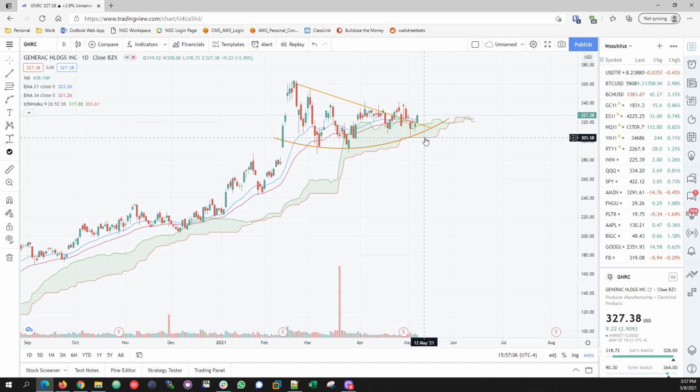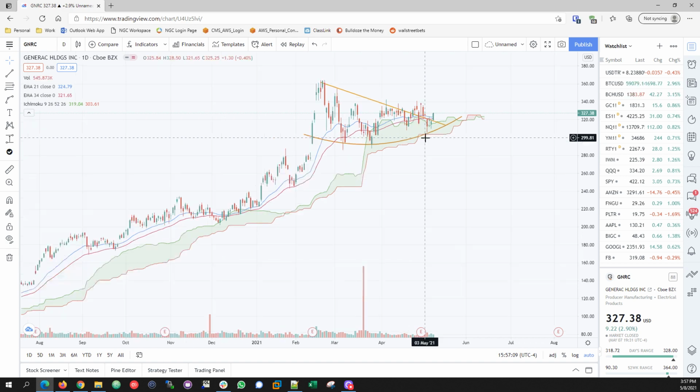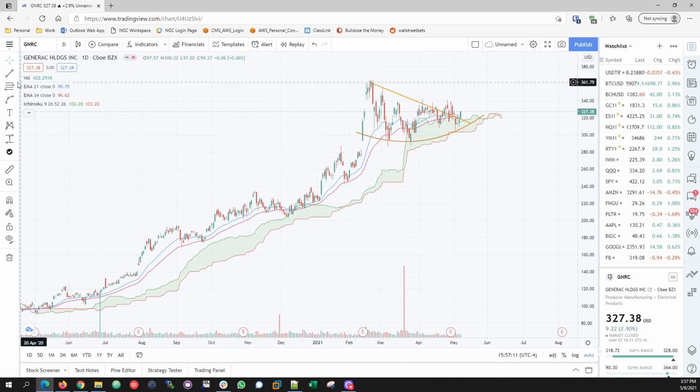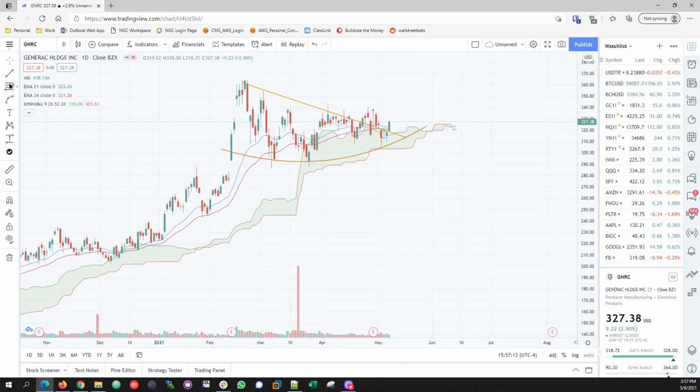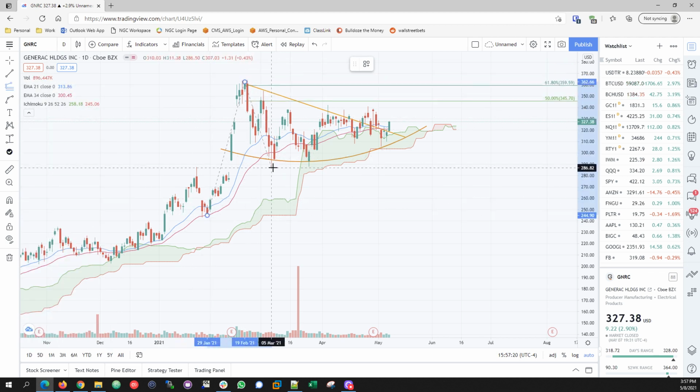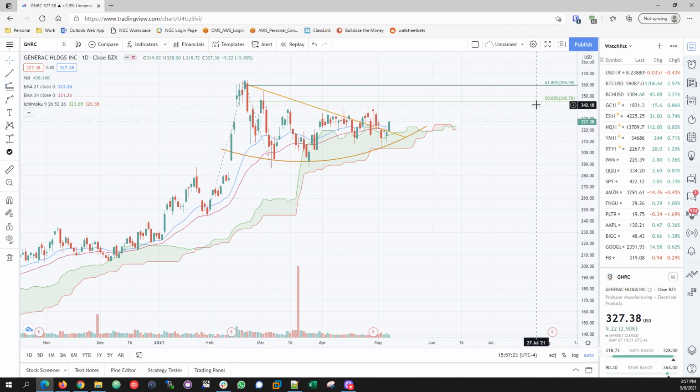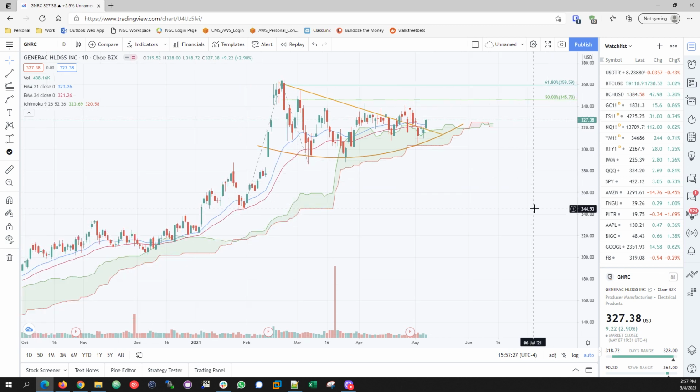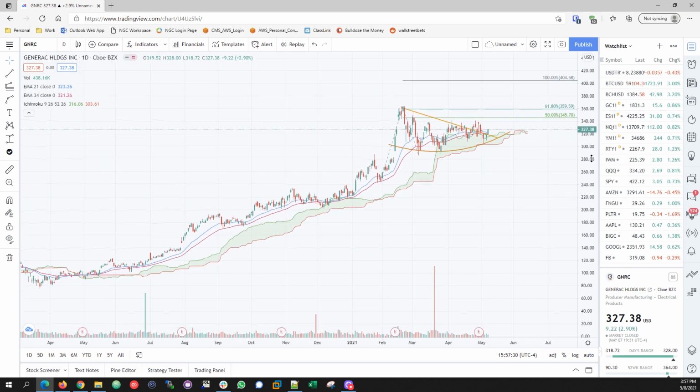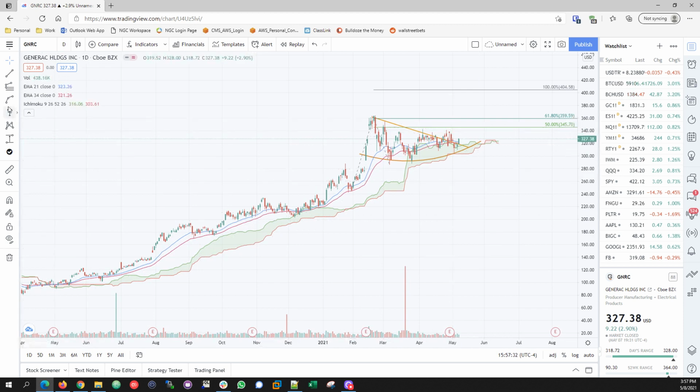The support line will be 303. That's one thing. The extension, let's draw an extension. Okay, 345, 359. That's where it would go. But it is definitely a strong channel here.